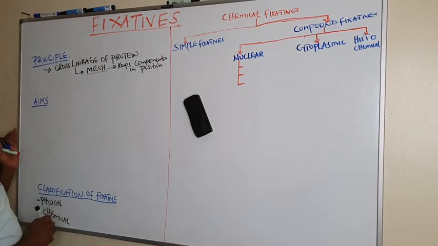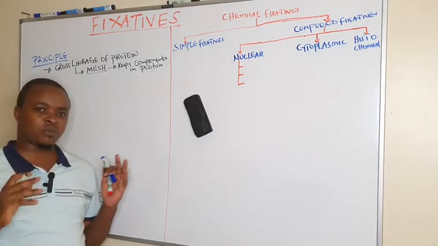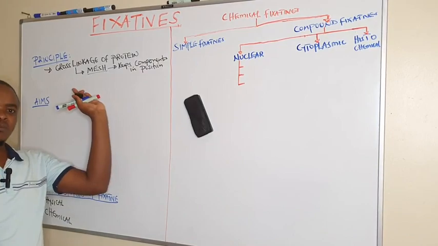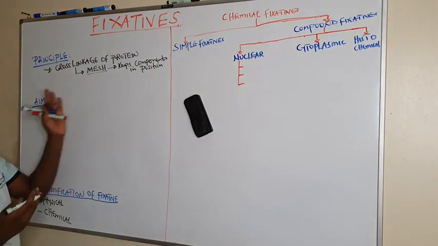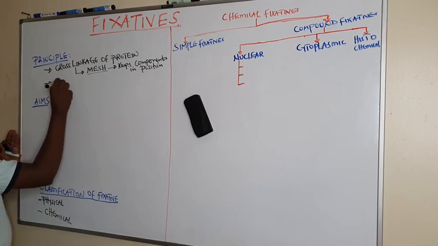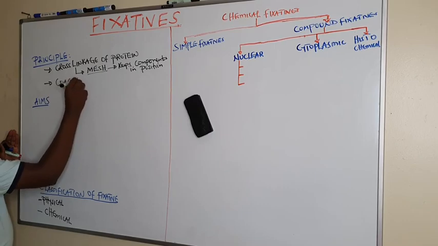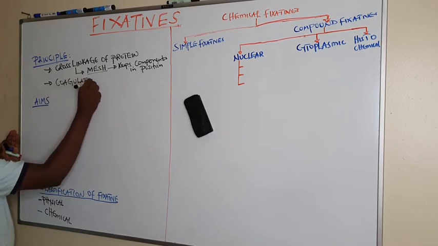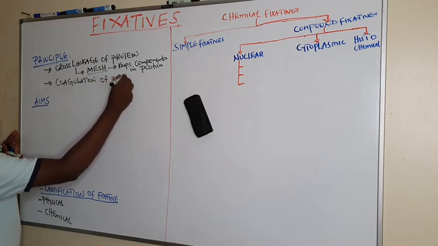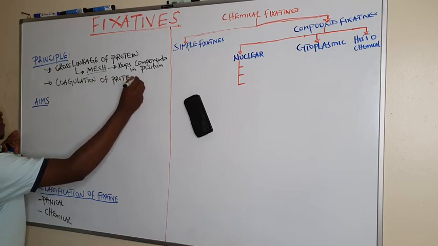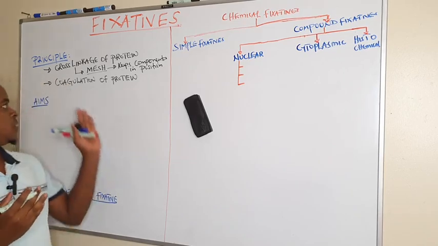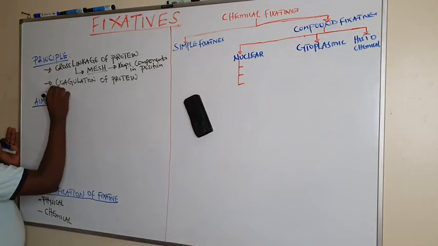That is one way of the principle, which is majorly for formaldehyde and glutaraldehyde plus osmium tetraoxide, whereas other fixatives act by coagulating. They cause coagulation of proteins. For example, alcohols and acetone, alcohols like methanol and absolute ethanol, cause coagulation of proteins.